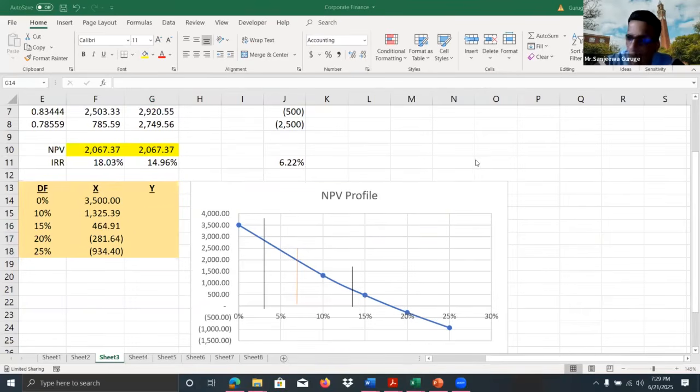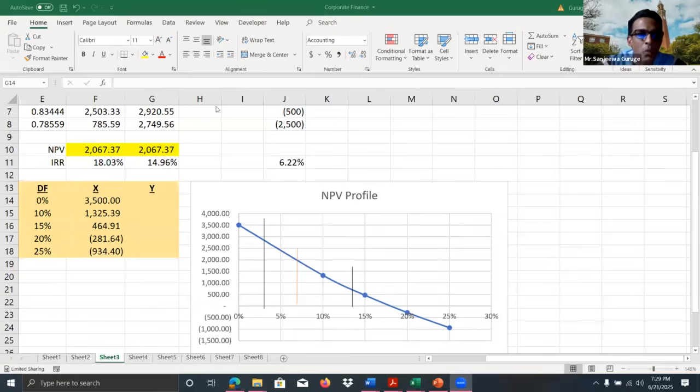How do we identify the range, the range in which NPV is positive? As long as the cost of capital is less than IRR, NPV is positive.